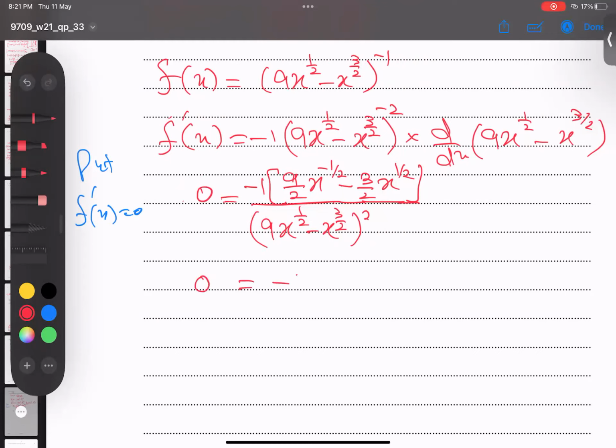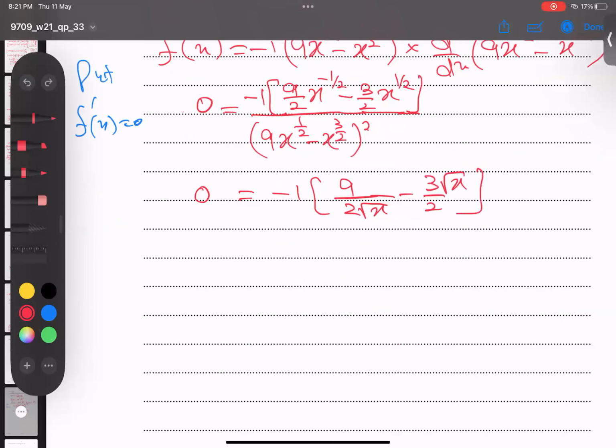Okay, students, so this is coming in the bracket and I bring this -half in the denominator. It becomes 2 root of x, and 3 by 2 root of x in the numerator. This negative goes down, so this also finishes. The short story: 9 by 2 root of x minus 3 by 2 root of x in the numerator is equal to 0. Now it goes there and then cross multiply.